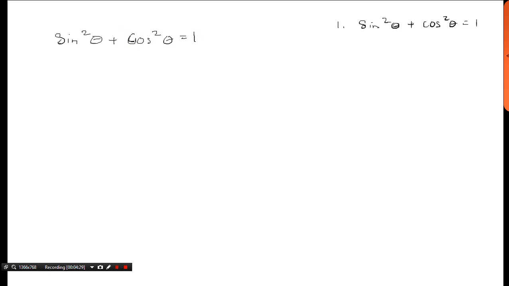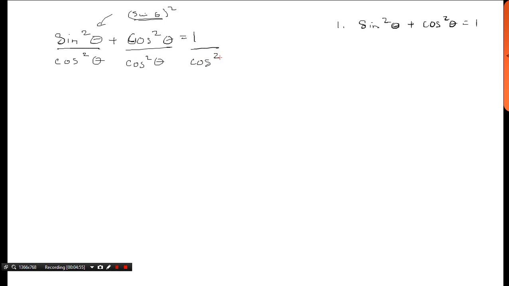So check this out. I'm going to create a tangent in here by dividing all three of these, sine squared, cosine squared, and 1, all by not just cosine, but cosine squared. And why cosine squared? Because if this is sine squared, I'm going to need two of them to produce the tangent. So I'm going to divide everything by cosine squared of theta.